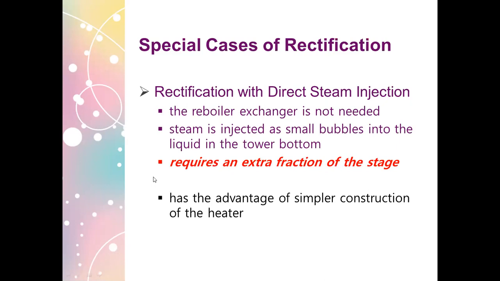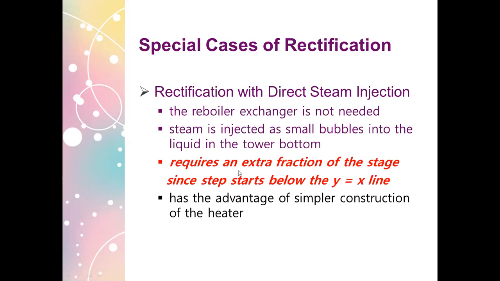So as a consequence of this, your special case of rectification using steam injection requires an extra fraction of a stage, since if we do the process of determining the theoretical number of stages graphically, it will go below the y equal to x line. So that would be shown to you in the next slide.